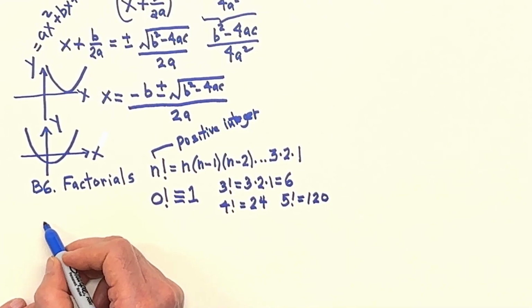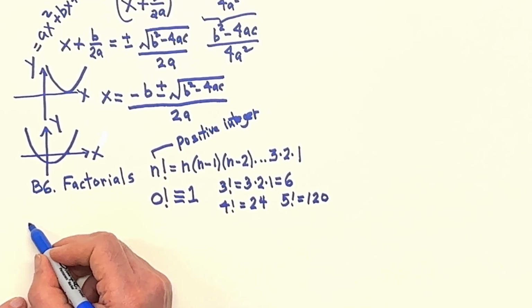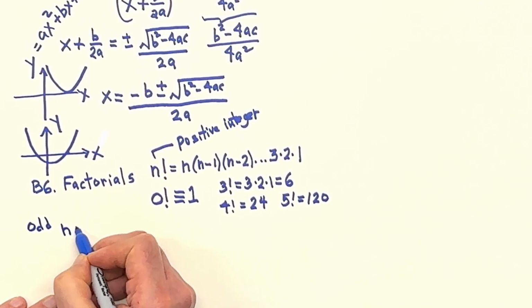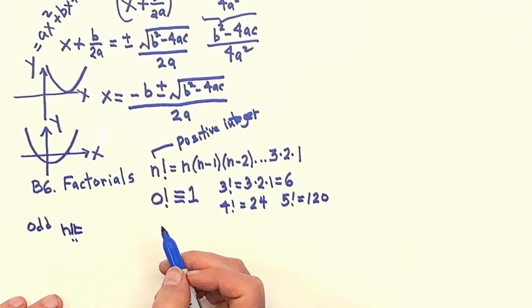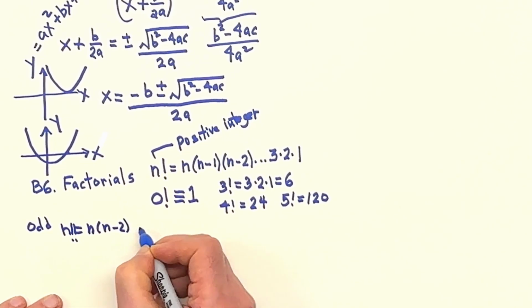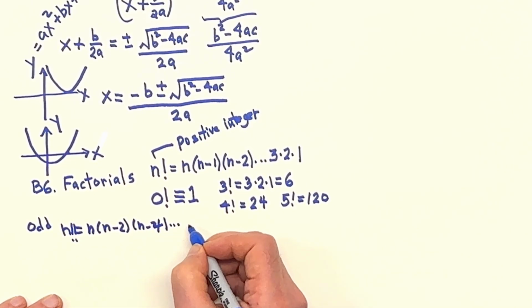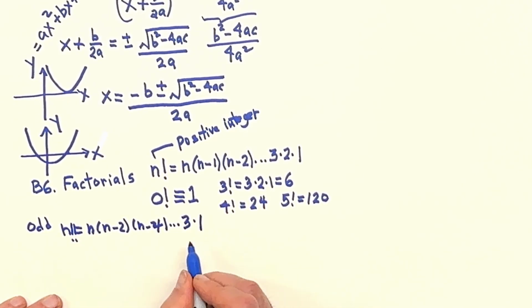Now there's a double factorial, and with the double factorial we have to be careful because we have odd and even cases for n. So let's try first the odd n with the double factorial. If you put 2 exclamation marks, and that's n minus 2, n minus 4, dot, dot, dot, and since this is odd, you're going to end up with a 3 times 1, because it's an odd number.